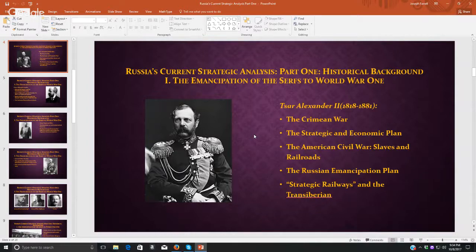The problem here is that as a result of the Crimean War, Alexander II is having to come up with a plan. And again, this is part of this typically Russian strategic calculation that, all right, if we have a crisis, we need to address it and recalculate our long-term strategy.